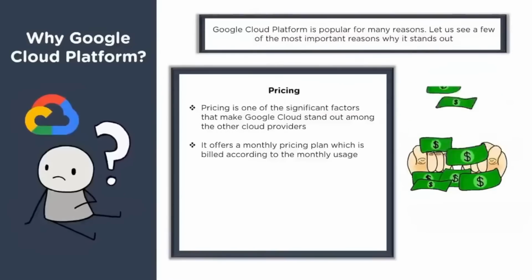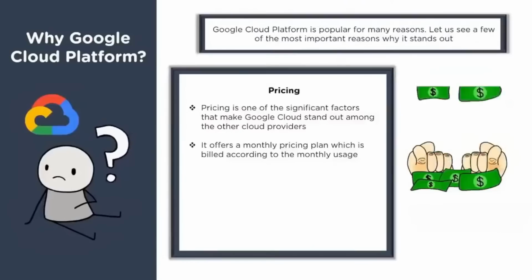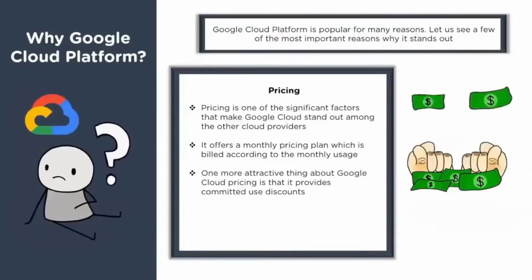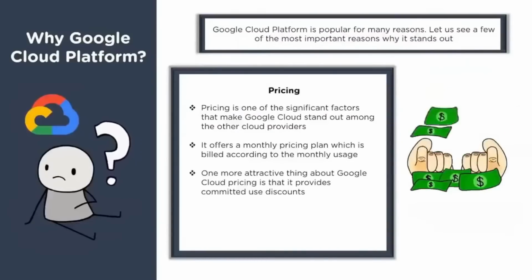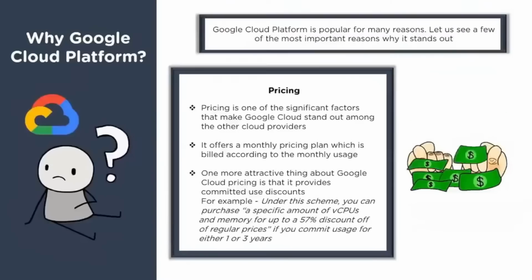So Google Cloud really has various pricing options which help customers in their different requirements, whether they would go for any of the service models such as infrastructure as a service, platform as a service, or even software as a service. One more attractive thing about Google Cloud pricing is that it provides committed use discounts.